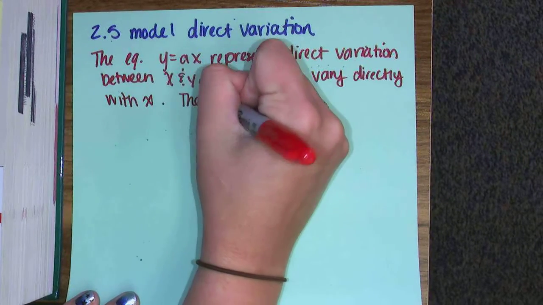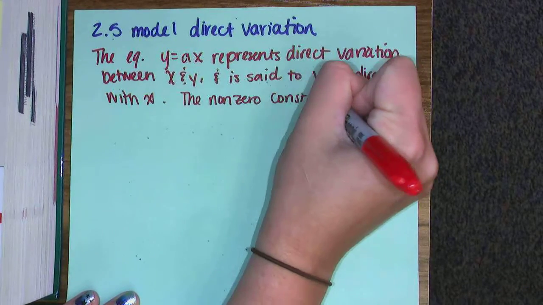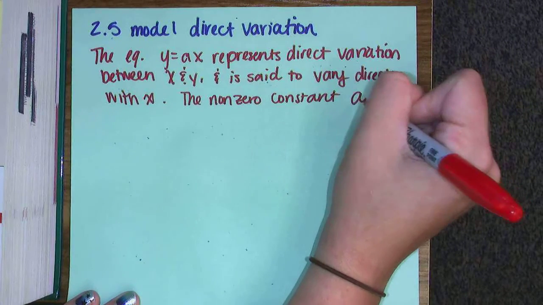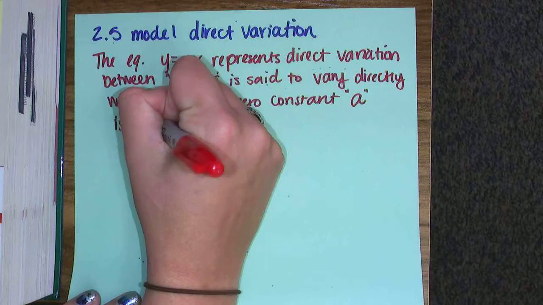The non-zero constant a is called the constant of variation.